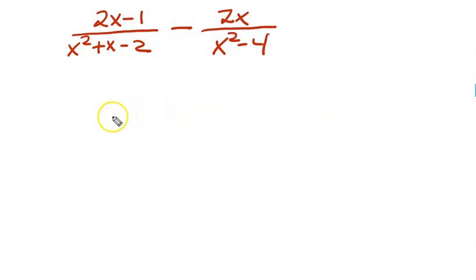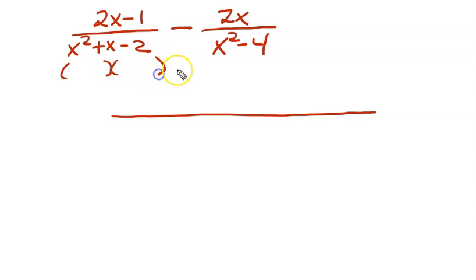So again, you want to develop a strategy. First, what is my common denominator? Well, you figure that out by factoring your denominators here. And generally not too difficult to factor.